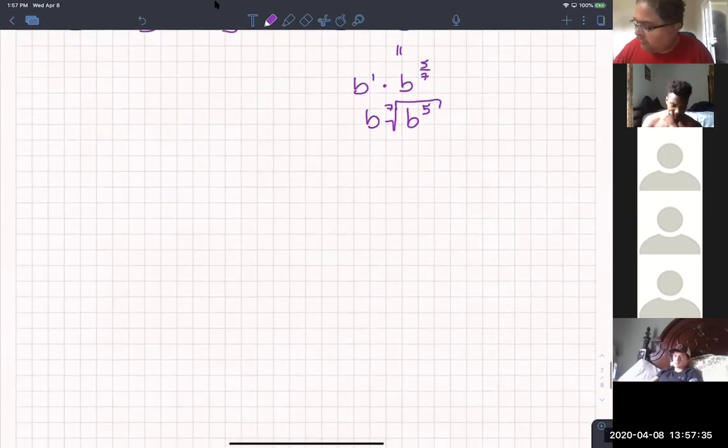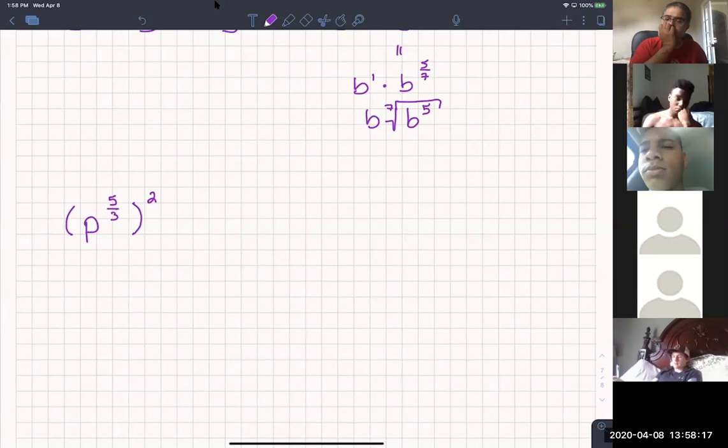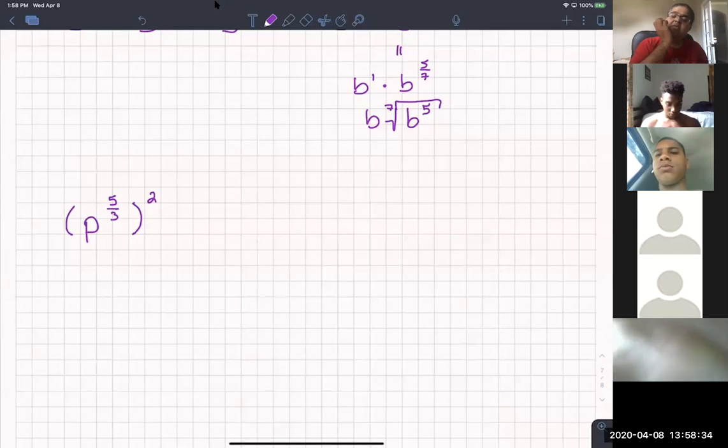Okay, so let me give you an example problem to do. Simplify. So what do we do with my exponents here?